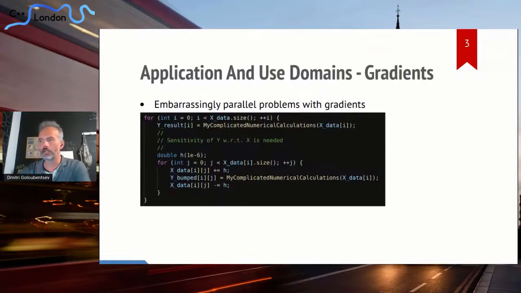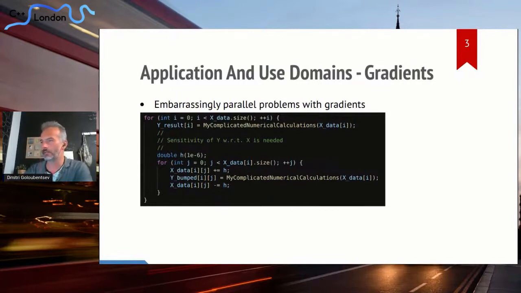This is a technique that allows us to convert my complicated numerical calculation into a function that is able not only to calculate the values for Y, but also, in constant time, to calculate sensitivities for all X. So this is what initially sparked my interest in this technology, because you can really get rid of this inner loop, which is huge.